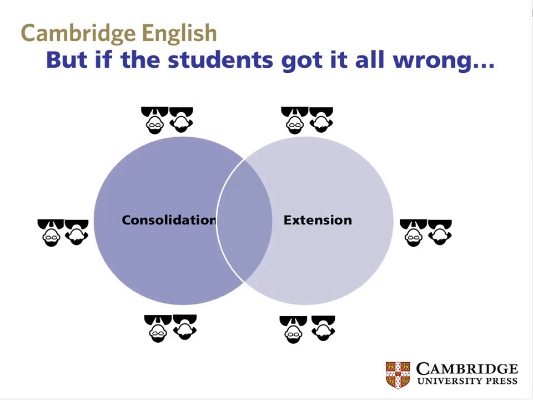Perhaps they are not ready to consolidate that information, or something that's even worse, they could be consolidating some erroneous information. So you don't always have the possibility to correct or to provide some assistance until they come back to class and you realize that the students didn't really grasp everything as expected in the lesson planning.